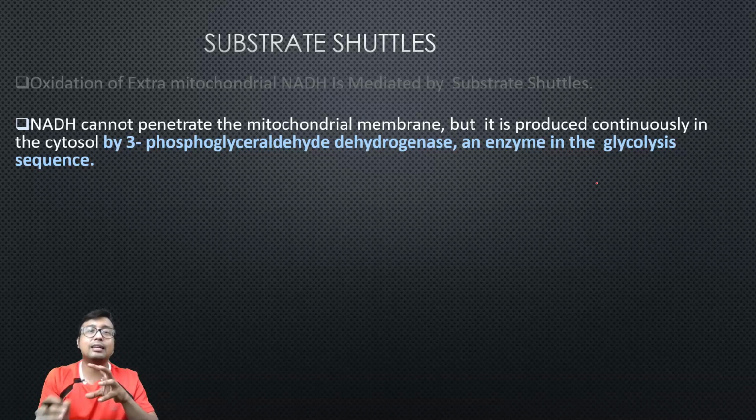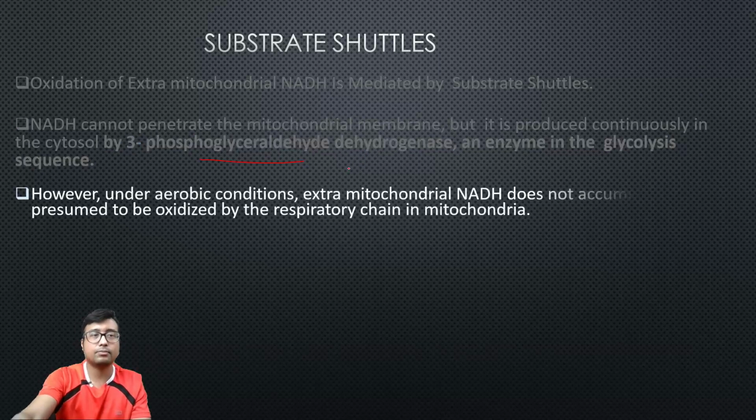So what happens? There are carriers which indirectly transfer, or shuttle, this NADH from outside to inside. Now we will look at these. For example, NADH is produced continuously by the enzyme 3-phosphoglyceraldehyde dehydrogenase in glycolysis.